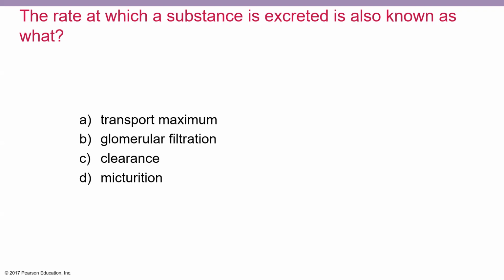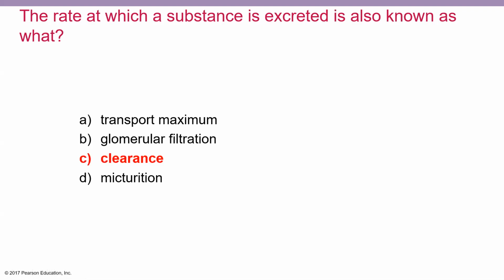So filtration is what comes from the blood into the tubular structures, and then the clearance rate or the excretion rate is going to be what leaves the tubular structures and then goes down to the bladder as urine. And then micturition we described as urination or the process of urinating. And so that has nothing to do necessarily with those renal exchange processes. Okay, so the answer here was clearance rate.